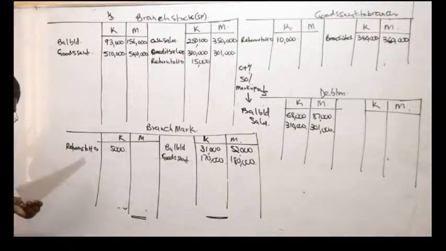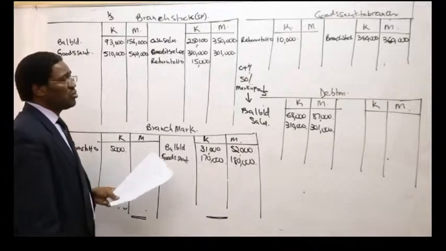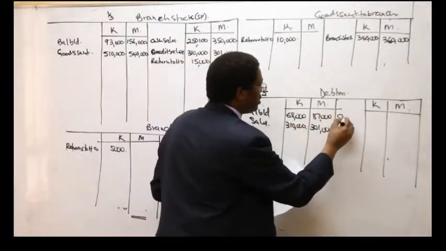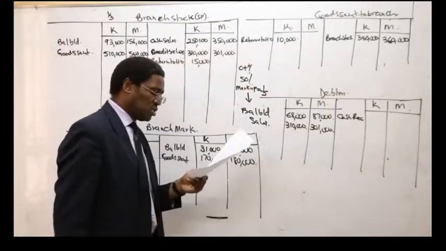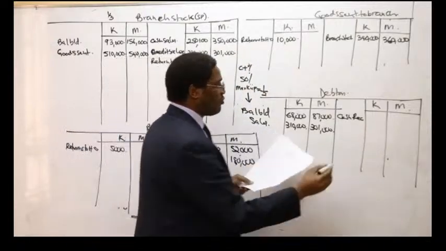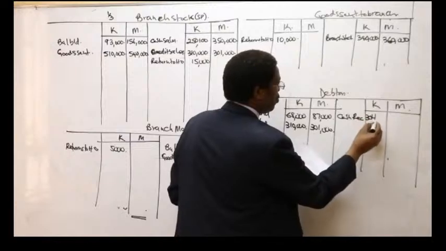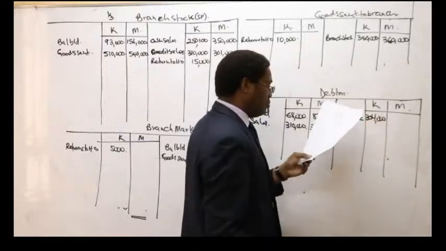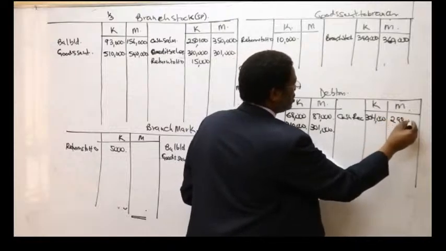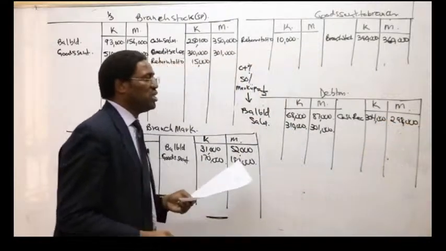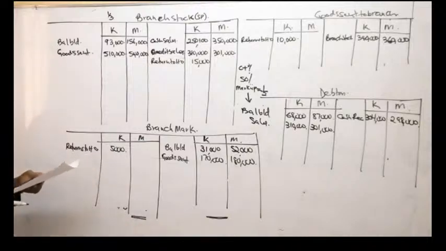You know, with cash received from debtors, we say you debit cash and you credit debtors. So we come and see your cash received. From Kisumu customers, we received cash of 3 or 4,000, while from Mombasa customers, we received 298,000. So that is the entry for cash collected from debtors.